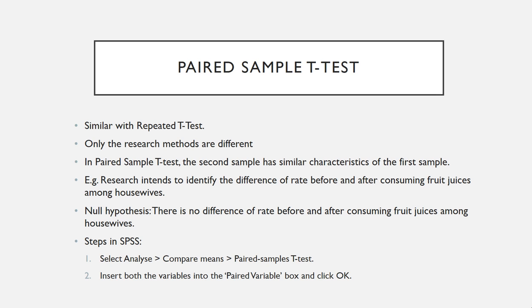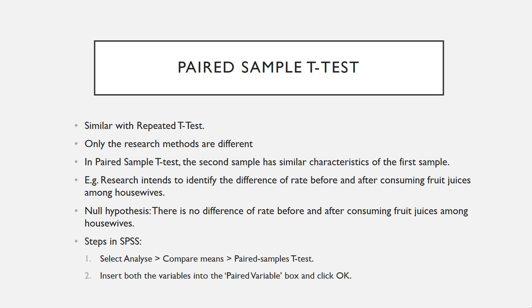For example, the research intends to identify the difference of rate before and after consuming fruit juices among housewives, let's say from Penang and Johor Bahru. They have similar characteristics: housewives, married, maybe similar age groups and so on.